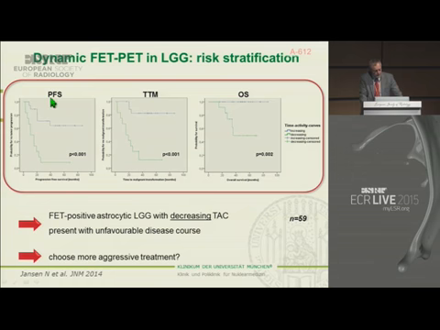If you look at the progression-free survival, it's clear that the ones with decreasing kinetics have a much worse outcome than the classical low-grade gliomas. This is also true for the time to malignization, and also true in a dramatic way for the overall survival.